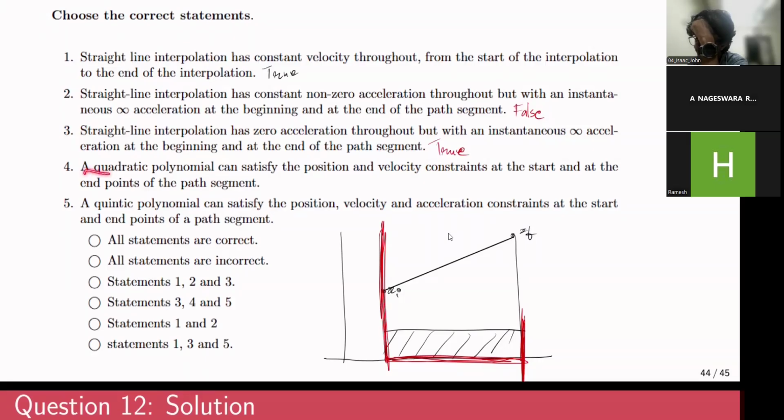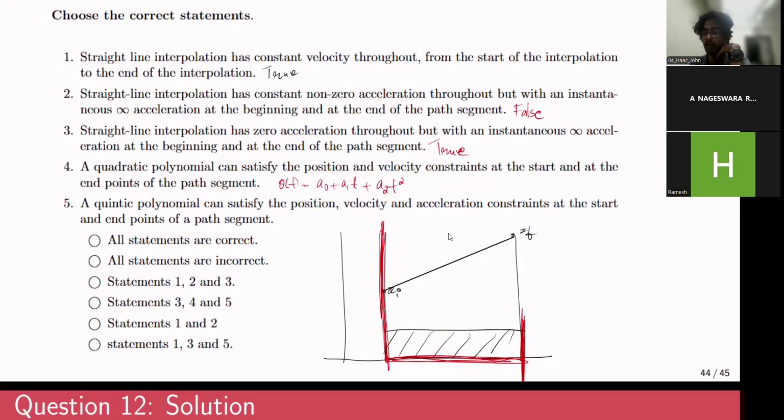For this, a quadratic polynomial can satisfy position and velocity constraints at the start and at the end of the path segment. So quadratic polynomial would look something like this. Theta of t would be a0 plus a1t plus a2t square. So here we only have three coefficients. So it can only satisfy three boundary conditions.